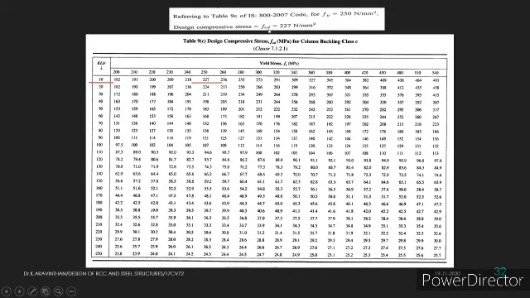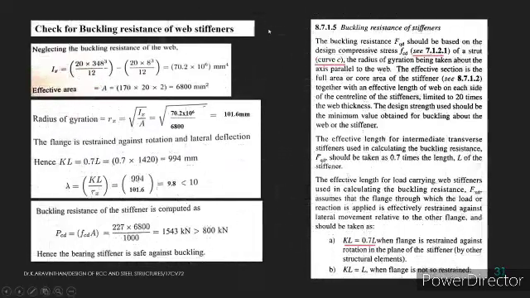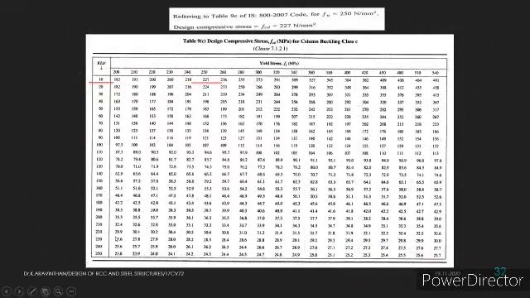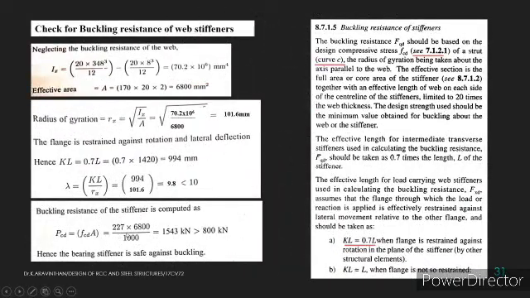Fcd is 227 here. If you substitute 227 into the area divided by 1000, you will get 1543 kilonewton, which is the buckling resistance of the web stiffener.